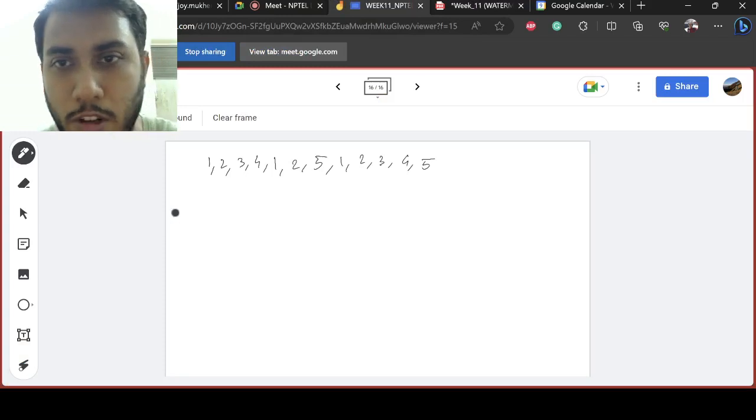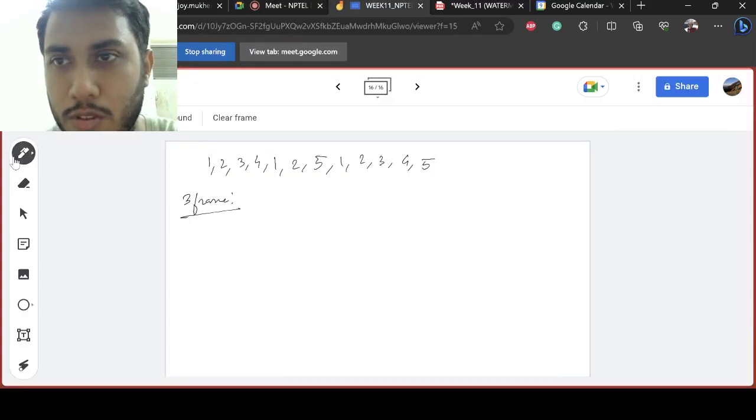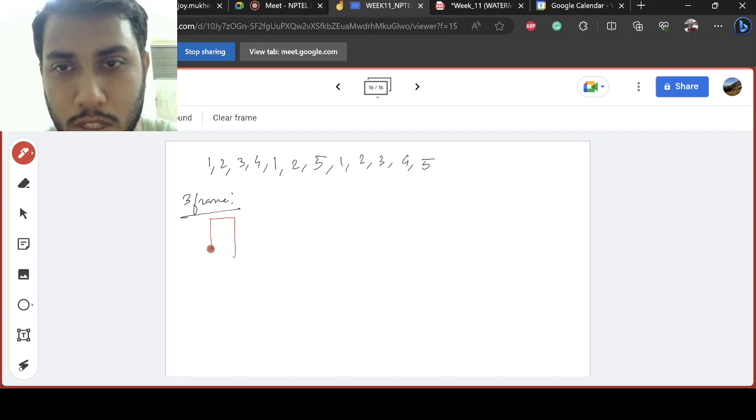So let's consider the 3 frame case. You have 3 frames. Let's first consider 1. Yes, it is a page fault. Then 2, page fault.